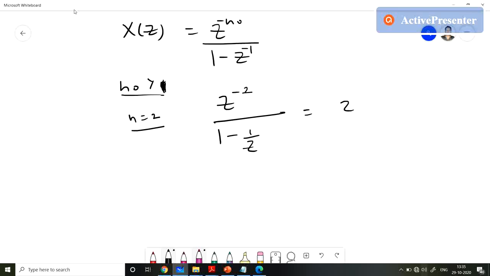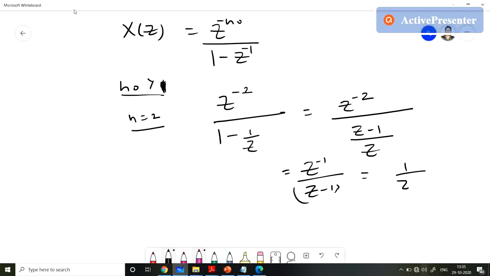So we can further write it as z raised to the power minus 2 divided by (z minus 1) divided by z, and we are getting z raised to the power minus 1 divided by z minus 1. So it is equal to 1 divided by z minus 1.